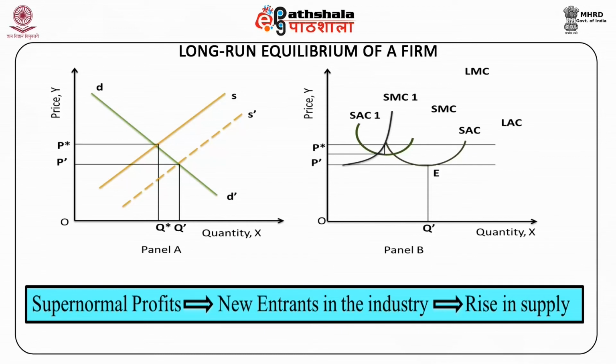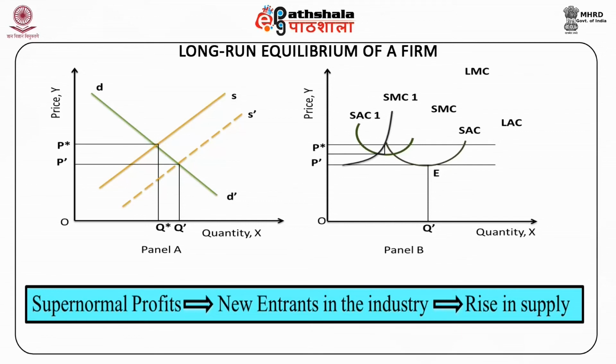Due to this, quantity supplied in the market will rise and the supply curve in the market will shift to the right. Then the price will fall until it reaches the level P dash at which the firms reach equilibrium. At this point, the industry is also in the long run equilibrium.